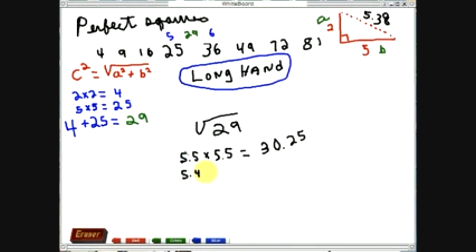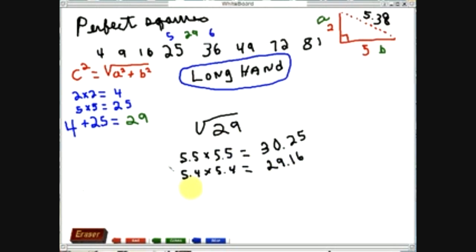We'll do the square of it, so that's multiplying the number by itself. 5.4, and that gives you 29 plus 0.16. Well, you take a look at that. That 0.16 makes it higher than 29.